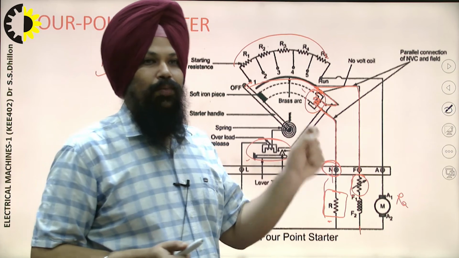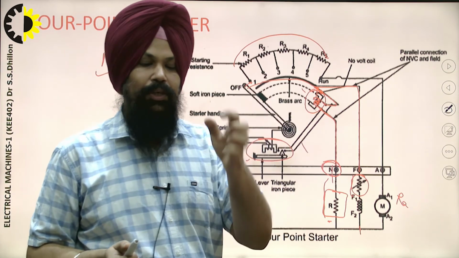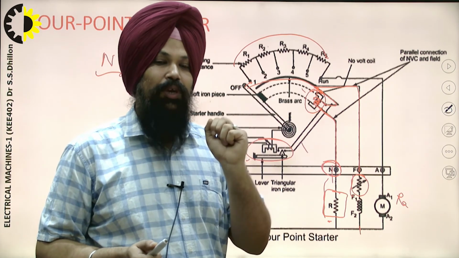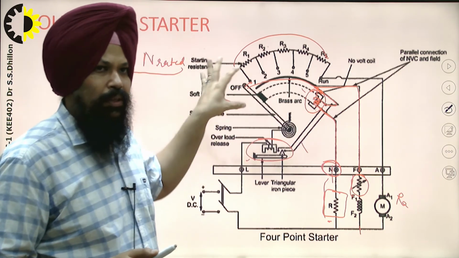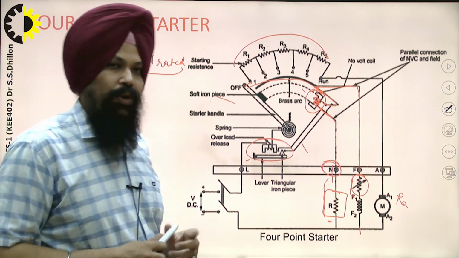That's why we can't go for speed above the rated speed with the 3-point starter, but that problem is eliminated in the 4-point starter.